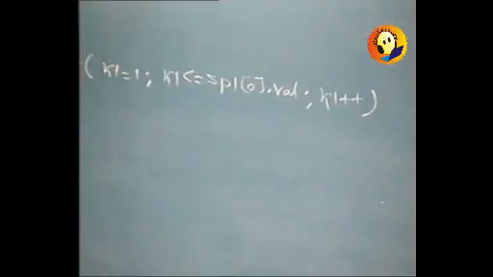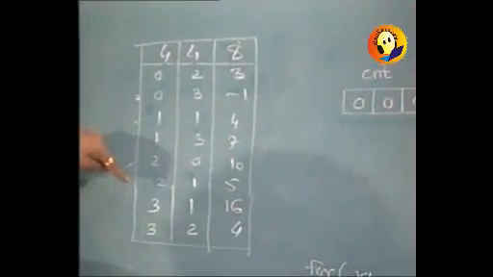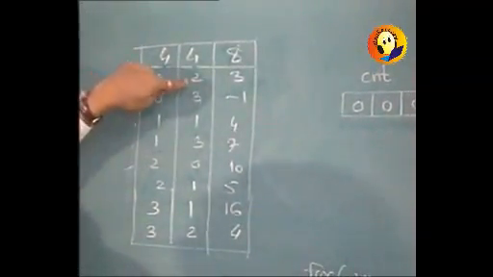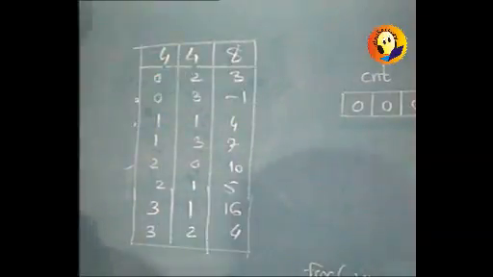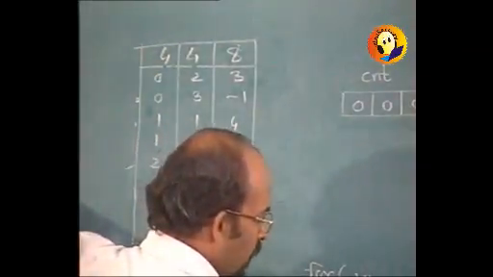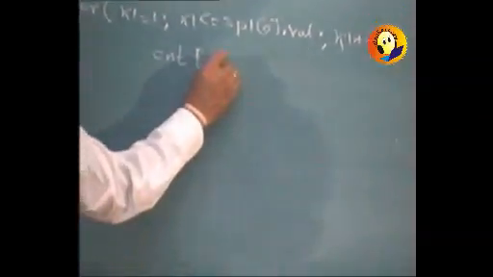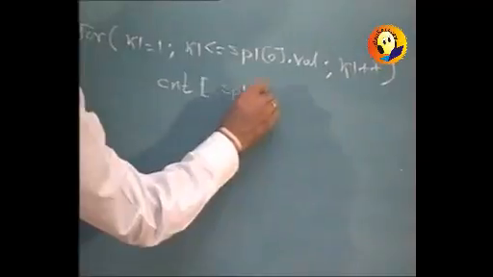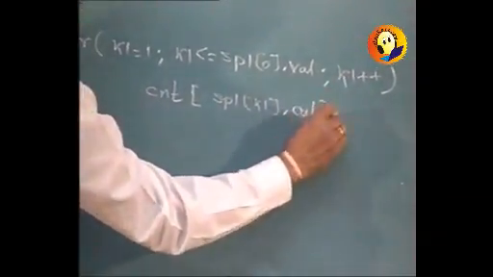Of course, I have added 2 elements, so there will be 8 values. Every time I will pick up the column number and increment the corresponding counter. I will say it this way: CNT[sp1[k1].column]++.